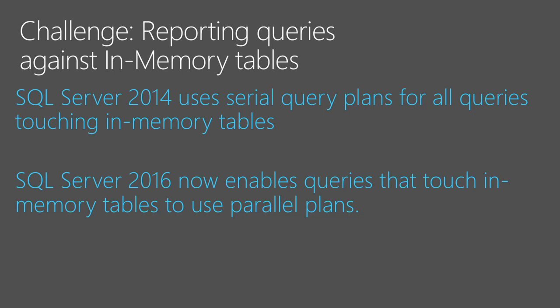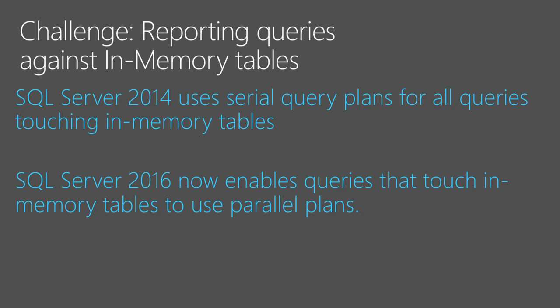But if you do have to run a report that scans a lot of tables, if you're joining against a column store for some report, the queries for in-memory OLTP tables are run at a DOP of 1 in SQL Server 2014. So no matter what else you're doing, if that query touches a memory-optimized table, your query is running at a DOP of 1.